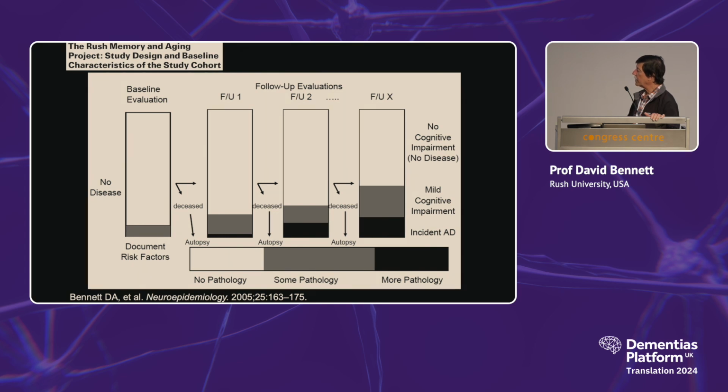And what that allows us to do is, within a single study, look at the biology of disease proximate to death, the biology of function proximate to death, and the biology of function over multiple years prior to death. We can look at risk factors for pathology. Even though you get the pathology at the end, if you have a risk factor for loss of cognition, the risk factor has to do something to the brain.